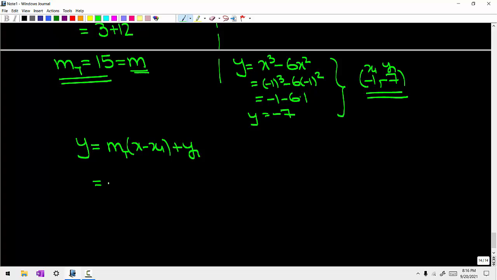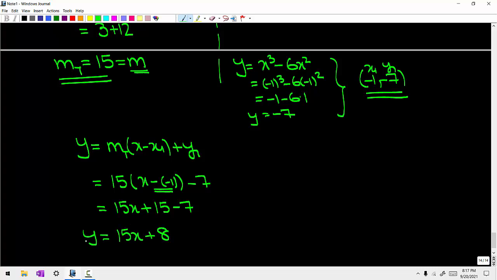Okay, so we get 15 times x minus of minus 1 minus 7. So we distribute the 15, so we get 15x plus 15 minus 7. Remember, these two negatives will become a positive. So we end up with 15x plus 8, and that is the equation of the tangent line.